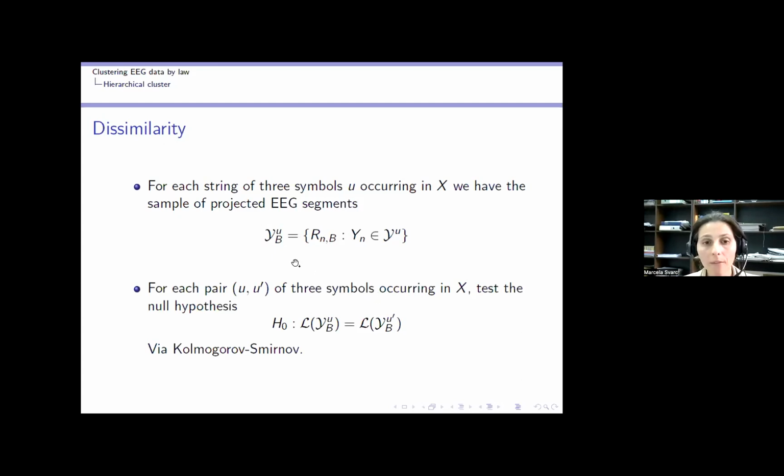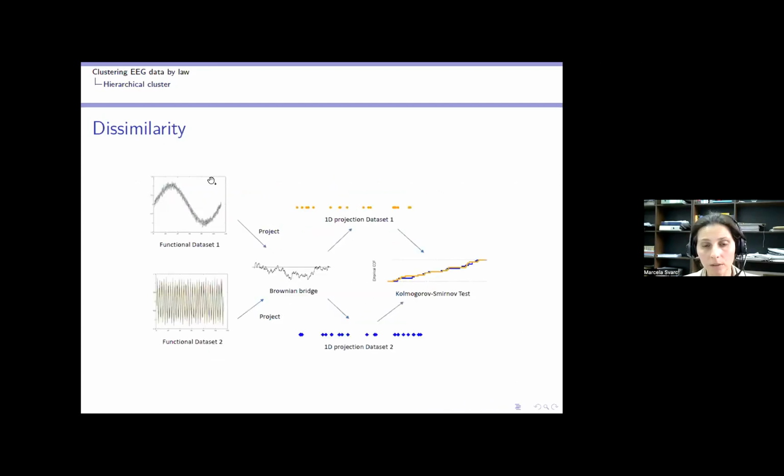So when we have done this for all the pairs of strings of 3 symbols, we will have for each pair either, well, here is the idea put in a picture. We have the two sets, and we project them considering the same Brownian bridge that was generated randomly. We then have the projections of these data sets, and finally we compare their cumulative distribution functions by means of the Kolmogorov-Smirnov test.